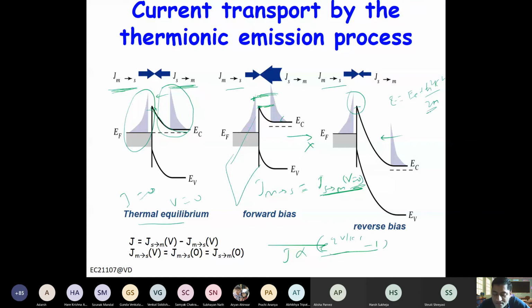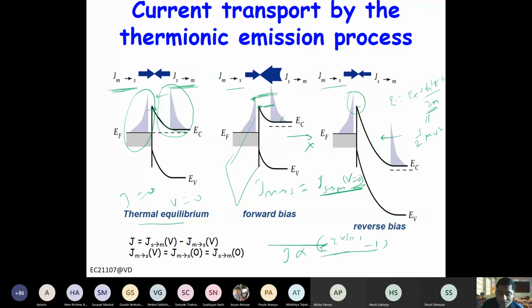So h bar square k square by 2m is the kinetic energy, and that is half mv square, right? And this energy should be more than VBI, or the built-in potential.